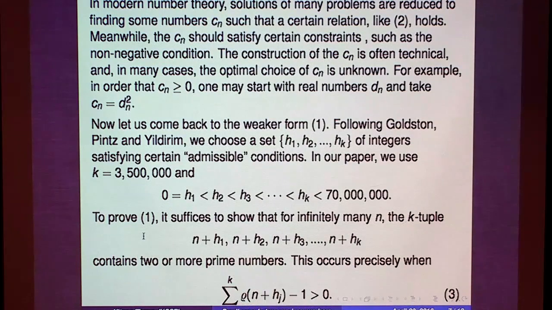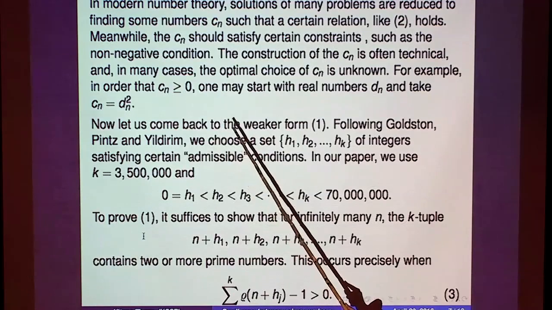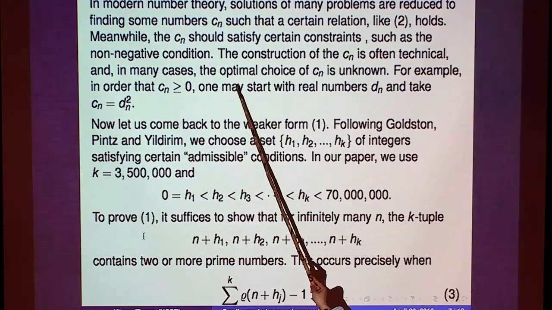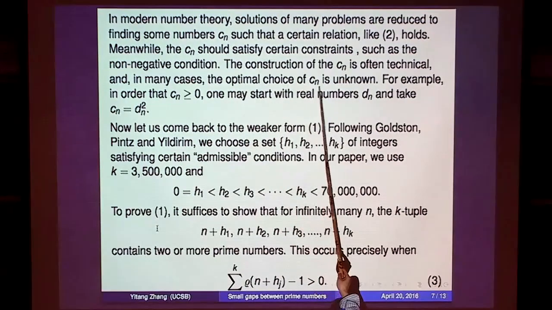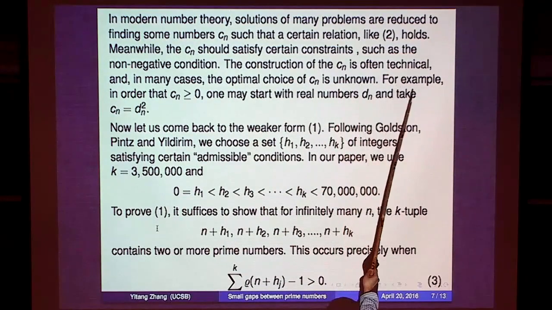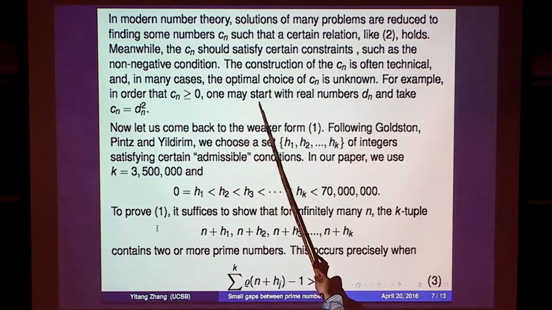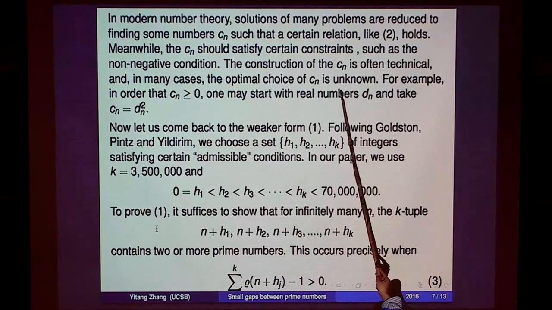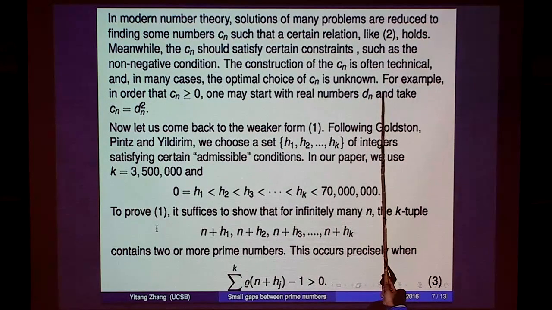I mentioned earlier that in 1914, almost 100 years ago, the Norwegian mathematician Brun introduced this method. He chose the C sub n satisfying the non-negative condition, but it was very complicated. Then the construction of the C sub n is often technical, and in many cases, we don't know how to choose the optimal C sub n. We just try something by experiments.